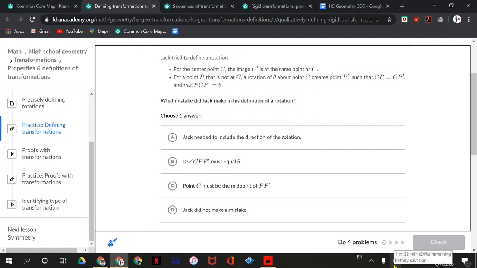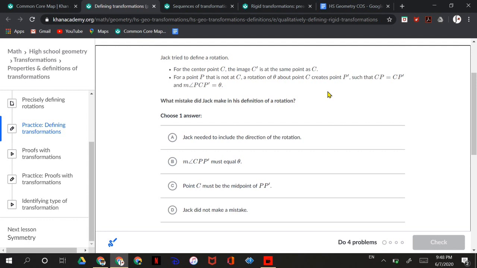Okay, let's go, fam. What mistake did Jack make in his definition of a rotation? Pause the video, do it, and then come back. Let's go. For the center point C, the image of C is at the same point as C. For any point P that is not at C, rotation of theta about point C creates P1, such that CP is equal to CP1, and that angle PCP1 is equal to theta.